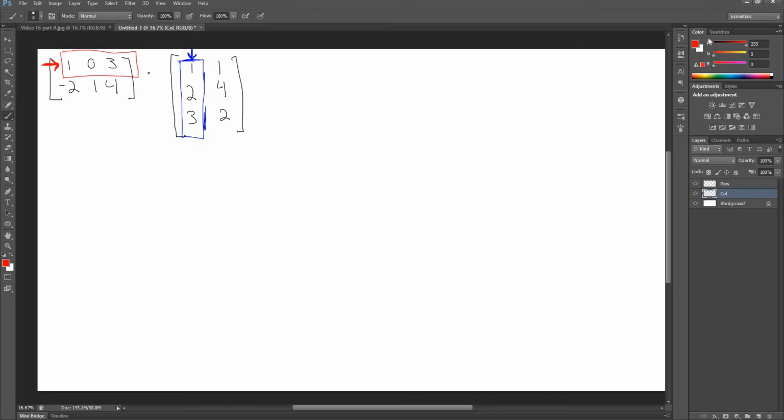So right now, if we look, we have a 2 by 3 matrix and a 3 by 2 matrix. The inside numbers are the same, so we can multiply these, and it's going to yield a 2 by 2 matrix.